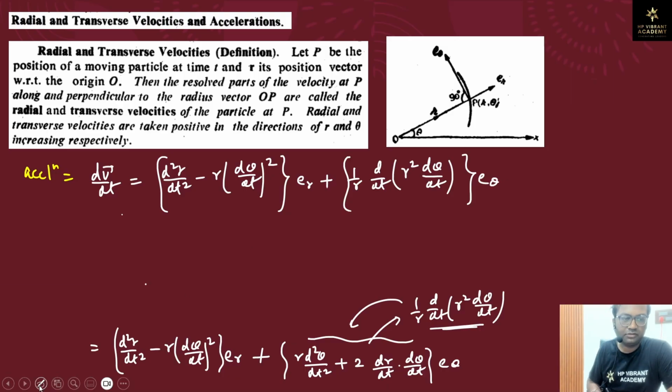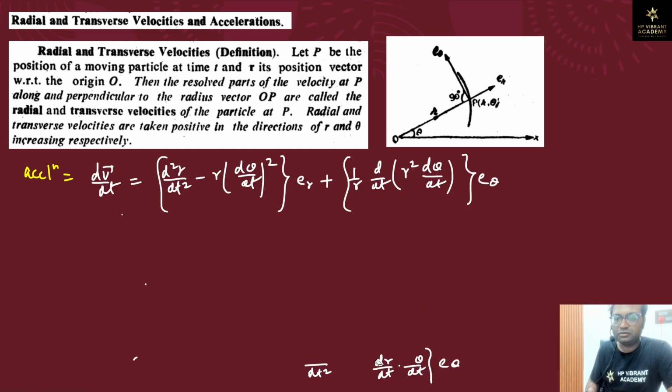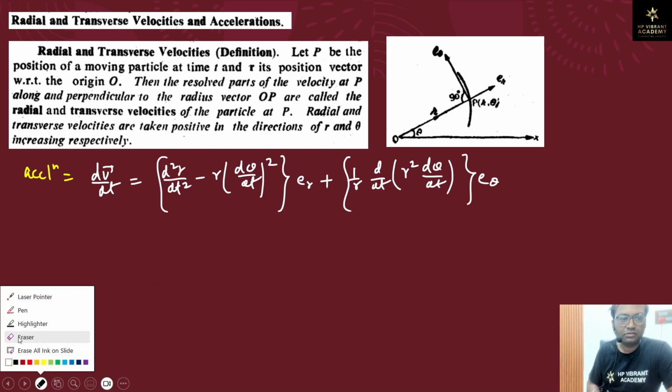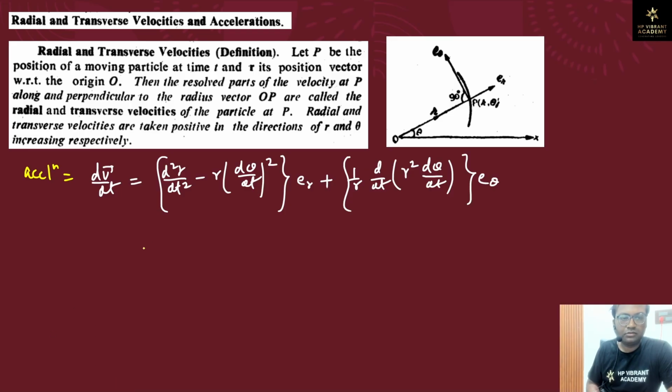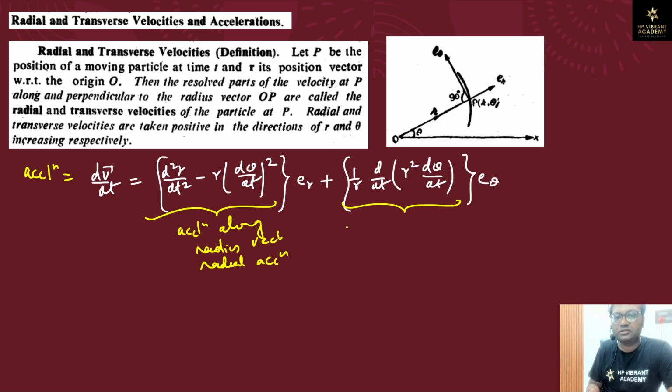This is our acceleration along the radius vector, that is the radial acceleration, and this is the acceleration perpendicular to the radius vector. The radius vector is the OP vector, that is the r vector.